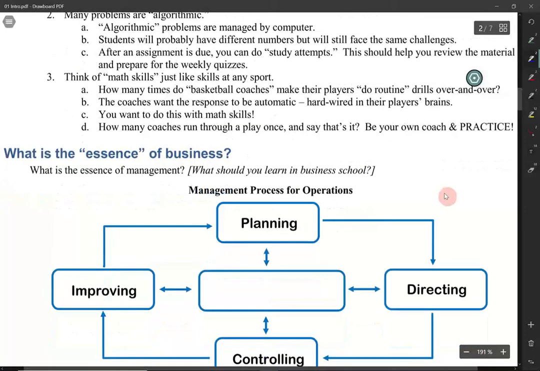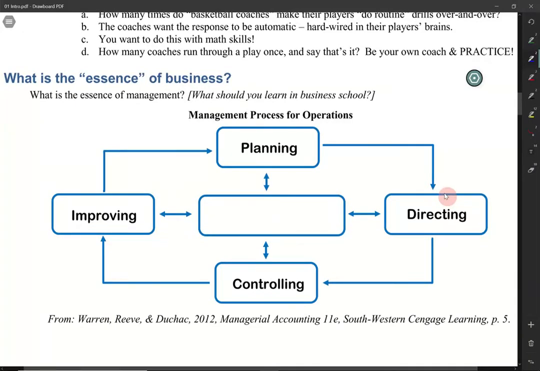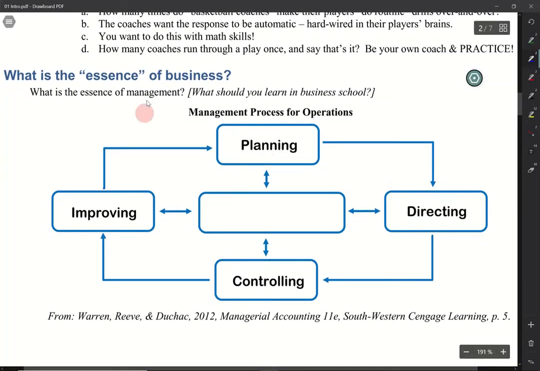Okay, so here we are in a business school, and you might wonder, what is the essence of management? What should you learn in business school? This is from basically an Accounting 202 Intro to Managerial Accounting textbook. Some of the topics that they learn are planning, and then after that directing, after that controlling, and then improving, where you want to do better, be more efficient, do new markets, do new things.